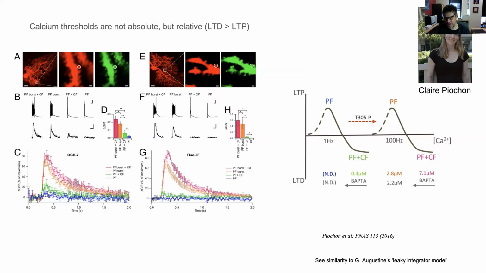With both protocols, repeated single pulses or repeated burst pulses, you can evoke depression and potentiation. Blue is the single 1 Hertz protocol, which gives you LTP, green with the climbing fiber is LTD, orange is the burst protocol LTP, and red is then the LTD. And this is the calcium amplitude.